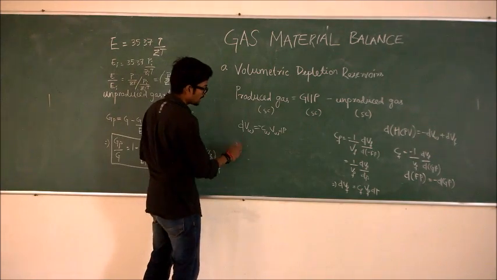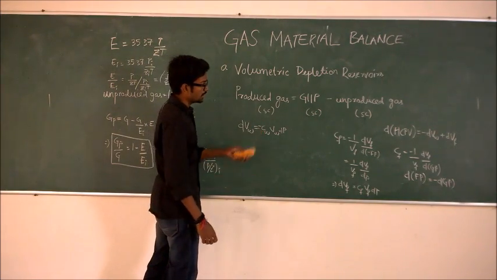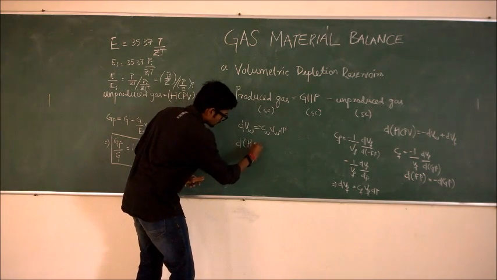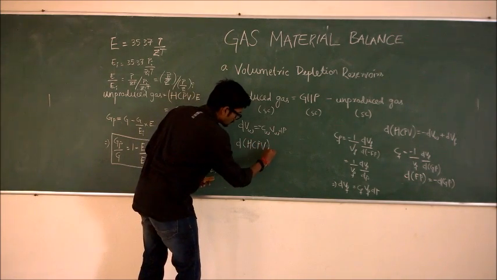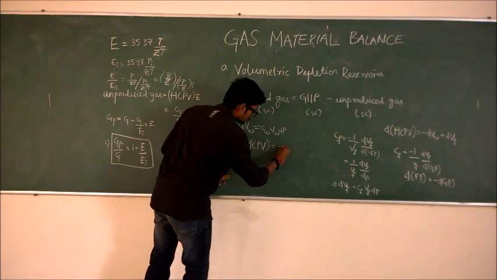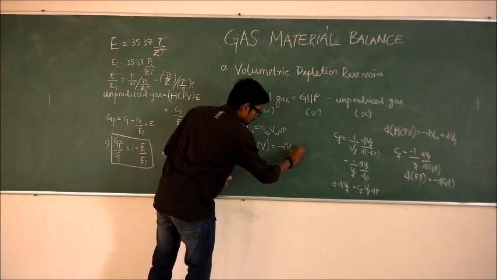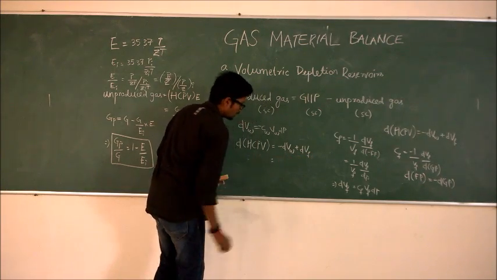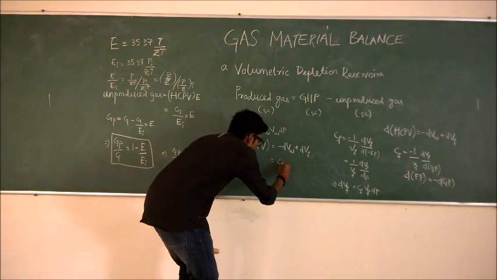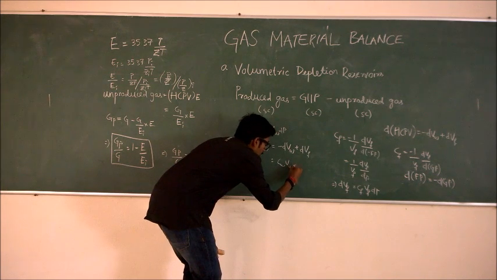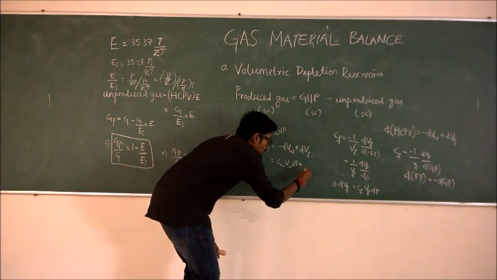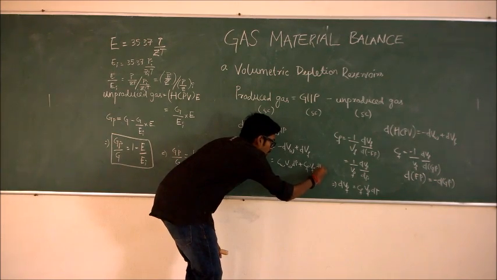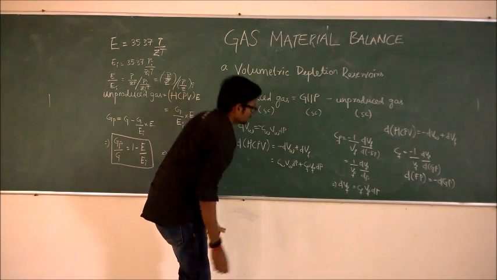So now substituting the value of dBW and dBf in this equation, it comes out to be CW dW dP plus CF dF dP.